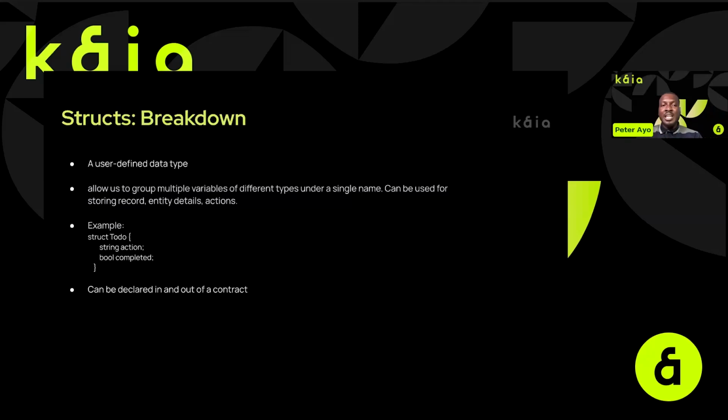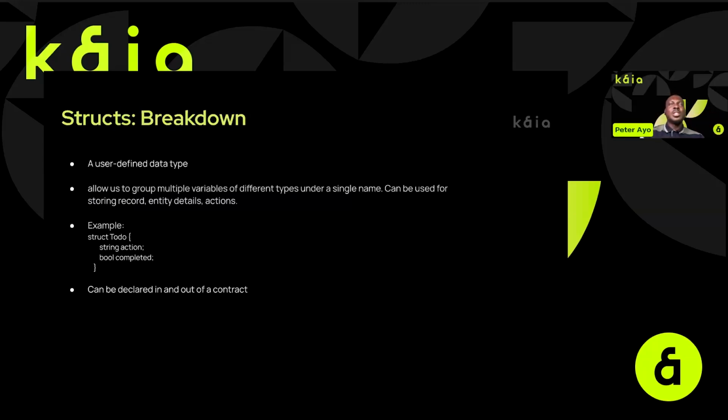Take for instance the name of the attendant, and when the participant joined, that's the time. I need to specify the name of the participant, the time they joined, and probably other details like how old the participant is and whatnot, right? So that means you have to house all of this data in a single place. And the way to do that is using structs, right?